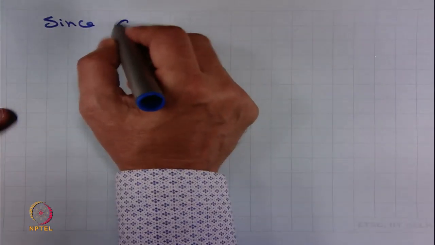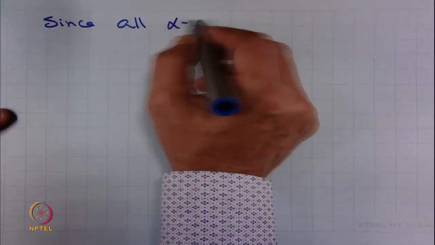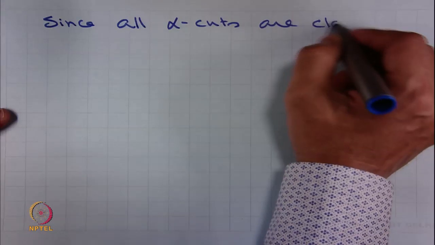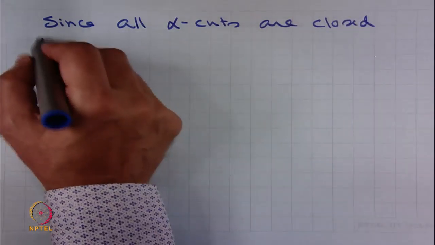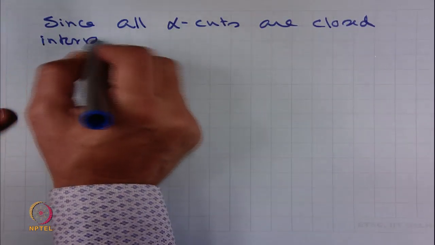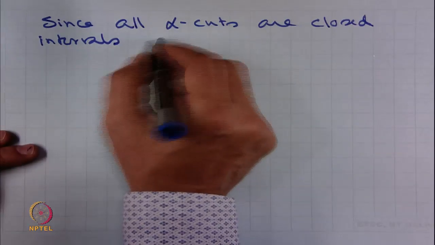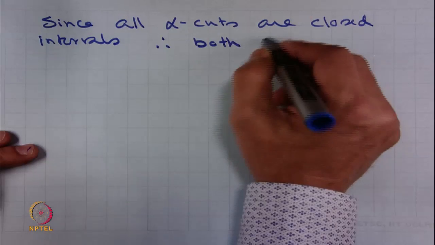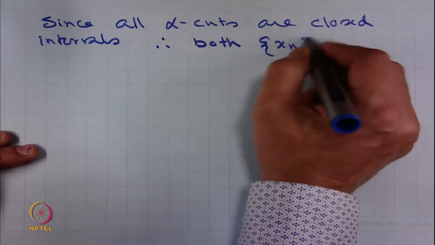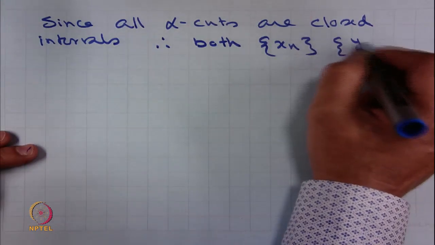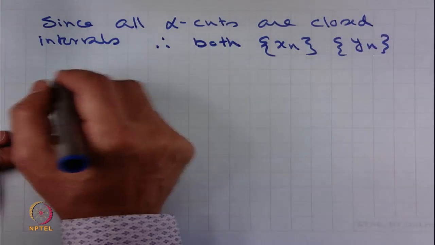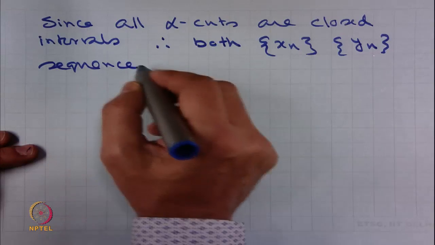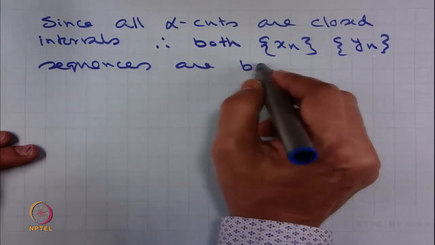Since all alpha cuts are closed intervals, both x n and y n sequences are bounded sequences.